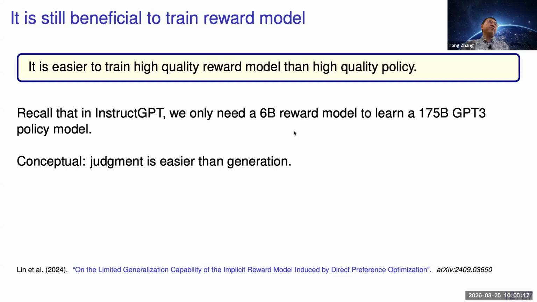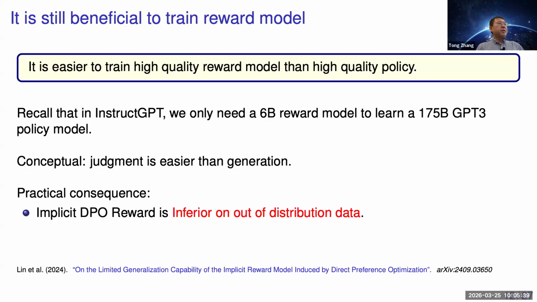So when you say I can bypass this easier task and just make it a hard, difficult task, then there must be something missing. The main thing, made clear in this study, though there are other studies with similar results, is that the implicit reward from DPO is inferior, at least on out-of-distribution data.